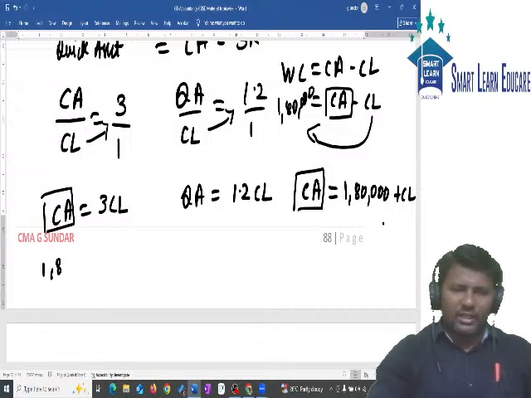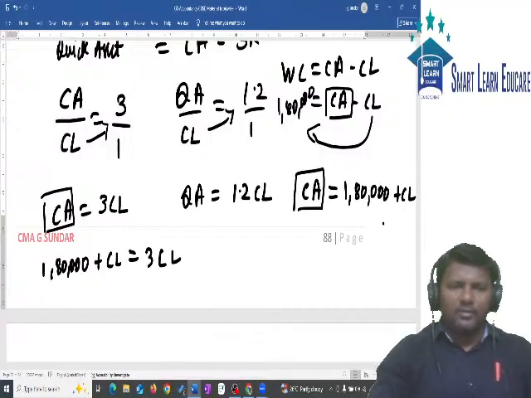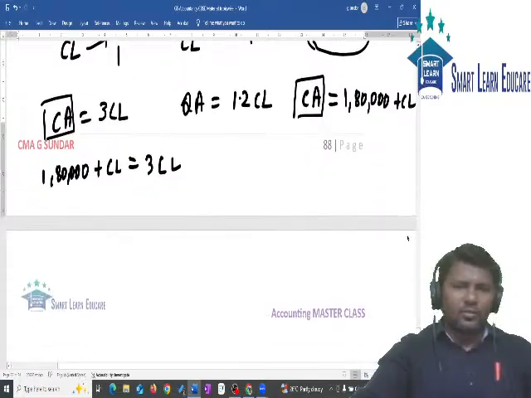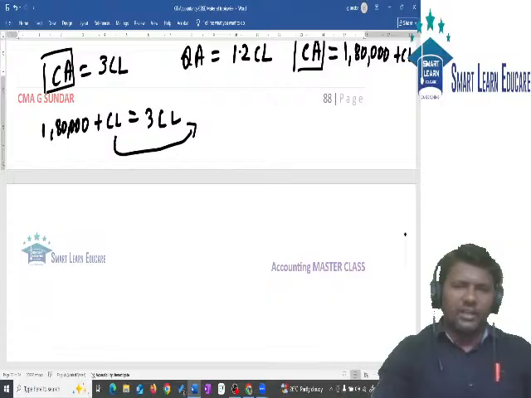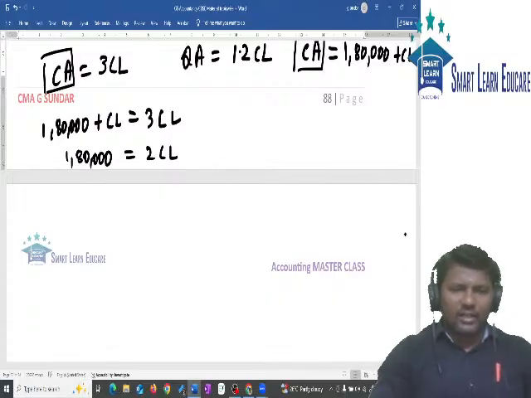So 1,80,000 plus current liability will give you 3 current liability. So 3 current liability is 1,80,000 plus current liability. This current liability, when it comes this side, it will become minus. So it is 2 current liability is equal to 1,80,000. What is current liability?